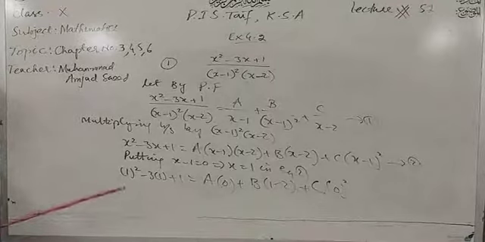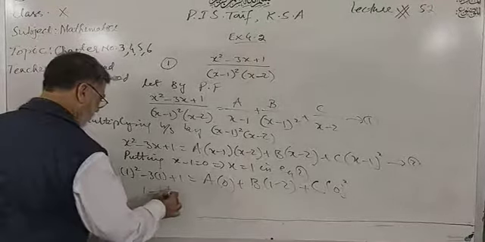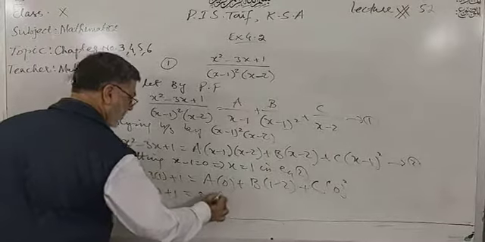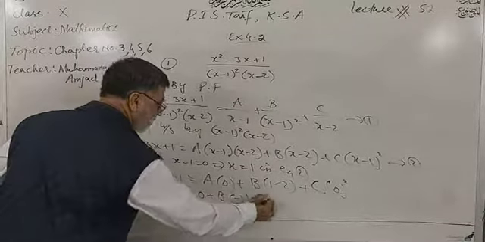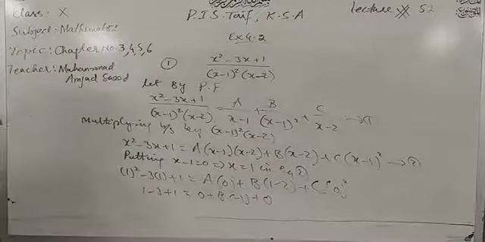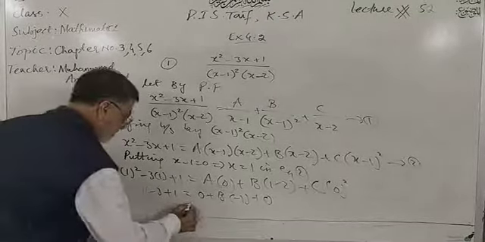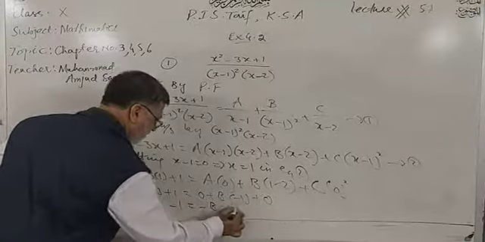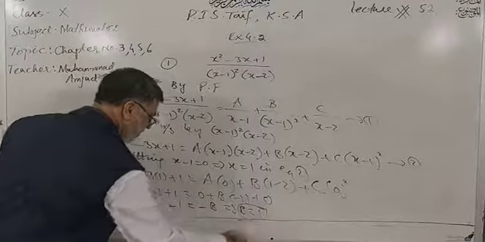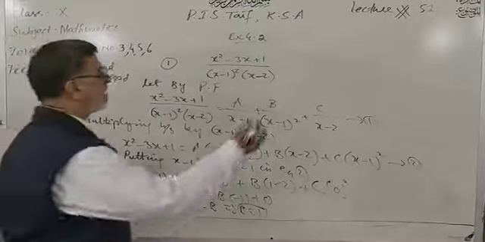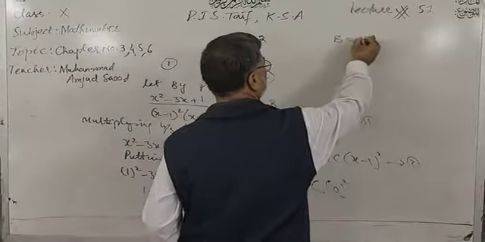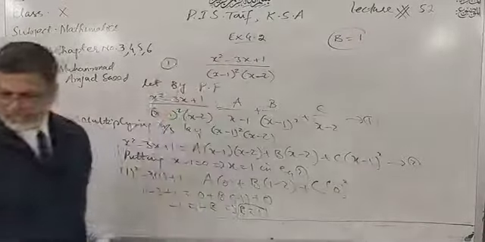Remember that this will be 1 − 3 + 1, 0, plus B(−1) plus C(0), 0. Here we have 2 − 3 = −1, that is −B, which implies B = 1. So dear students, we have B = 1.